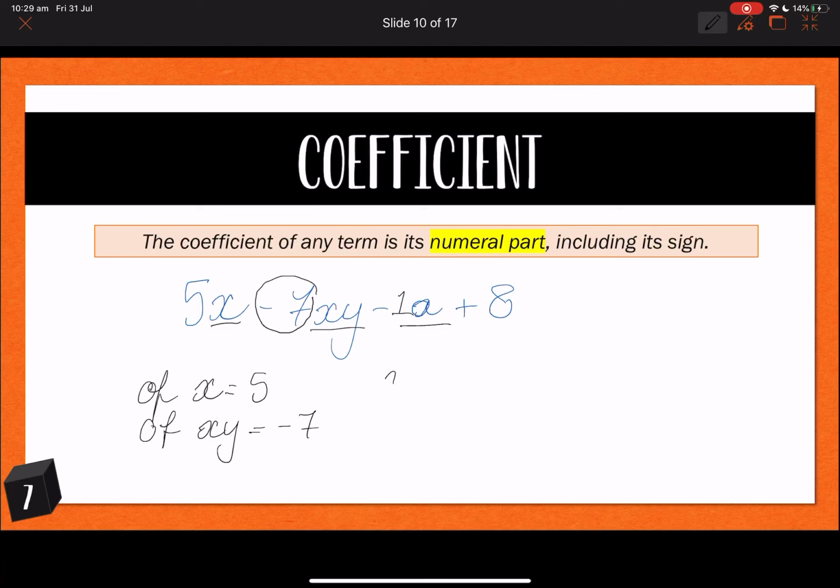So we say the coefficient of a equals, now see there's a negative there, so we just say -1. The coefficient of h, there is no pronumeral with 8, so we don't say it has a coefficient.